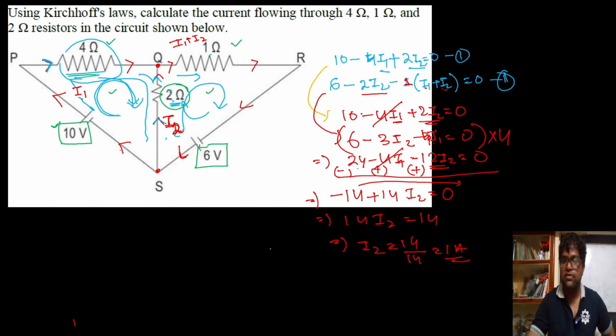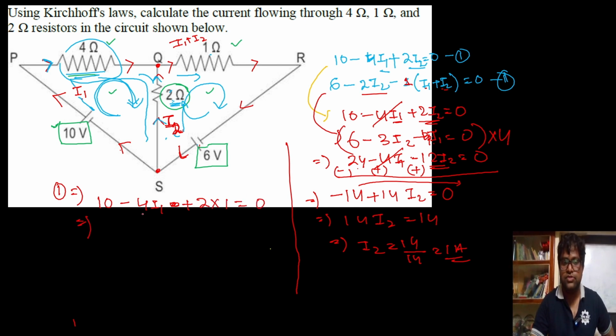Once you get the value of I2, you can put it in either of the equations, equation 1 or equation 2, and you can find the value of I1. So let us use equation number 1 for that. From equation number 1, what you can write is 10 minus 4I1 plus 2 into I2, which is 1 we are getting, equal to 0.